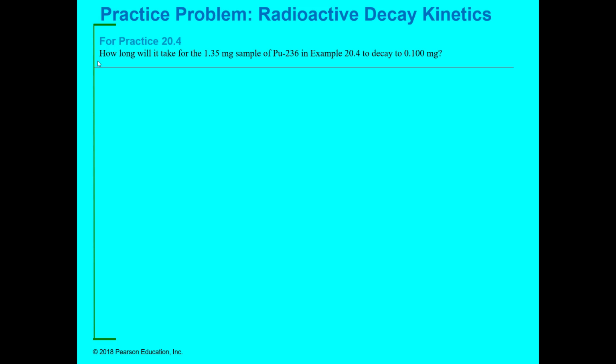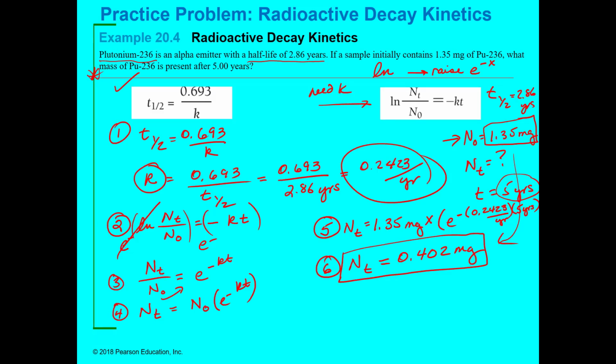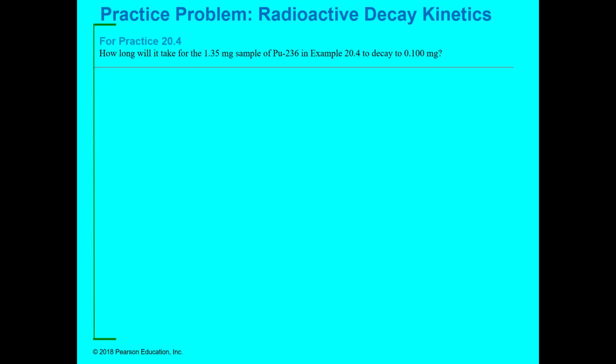But for this problem, you've got the natural log of two things you already know, two concentrations. So you can just take the natural log of that and make that a number, so you don't have to get into it. The way I did it is the most challenging, because you have to get rid of that natural log when you have an unknown as part of it. Okay? All right, and that does it for part 3.